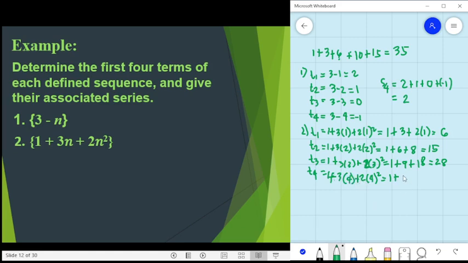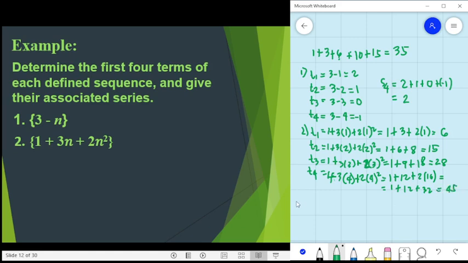So 1 plus 12 plus 2 times 16 is equal to 1 plus 12 plus 32. So this is 13 plus 32, which is equal to 45.